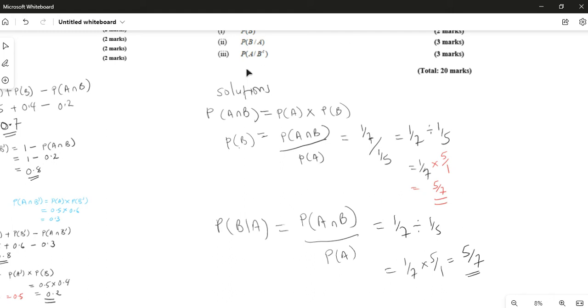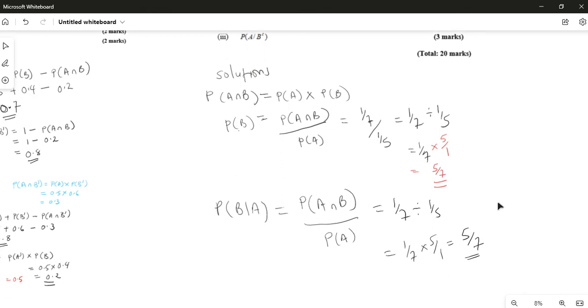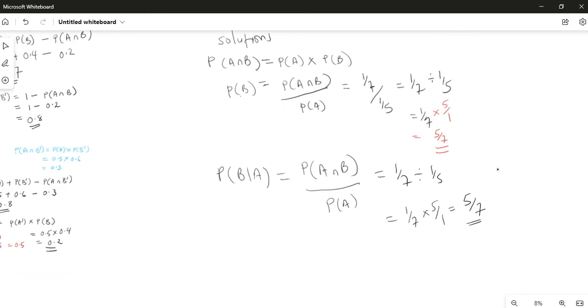Then finally, we have to find the probability of A occurring if B doesn't occur. So let's find the probability of B complement, B not occurring. P of B complement equals 1 minus the probability of B. This is 1 minus 5 over 7.